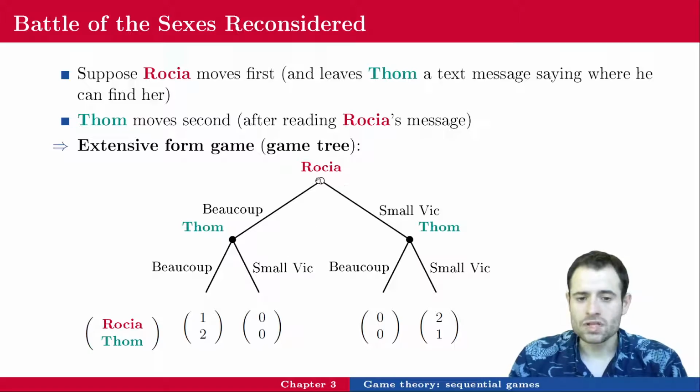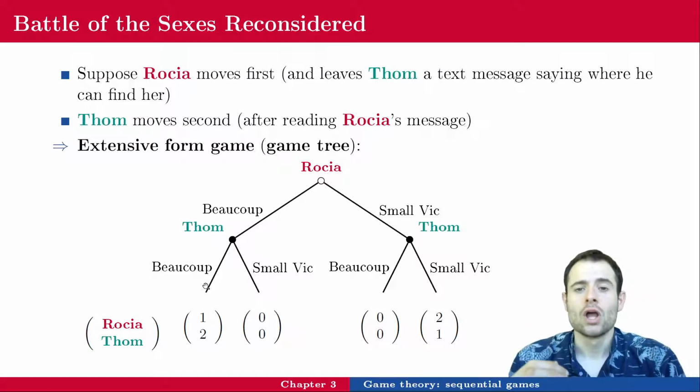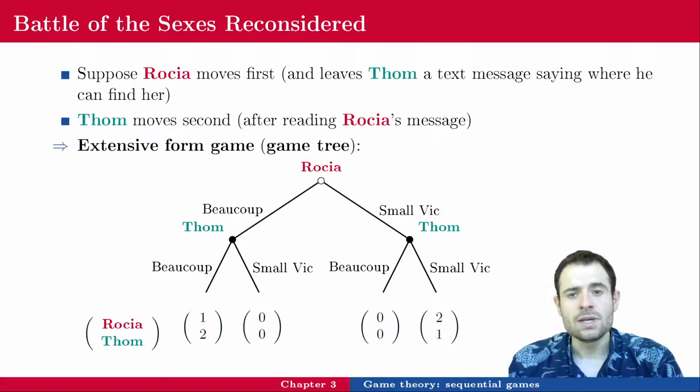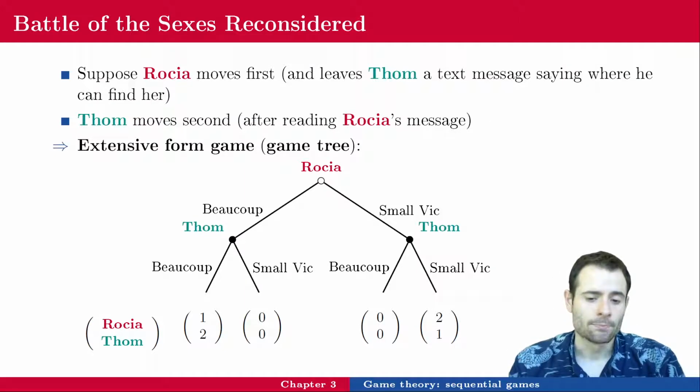So, if Rosia goes to Beaucoup, and then Tom goes to Beaucoup as well, they both meet at Beaucoup. And according to the payoff matrix we had in the previous slide, Rosia gets a payoff of 1, and Tom gets a payoff of 2. That's Tom's number one option. Not only does he meet Rosia, but he meets her at his preferred bakery.